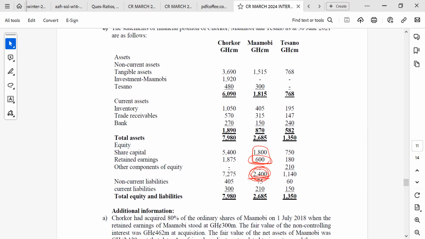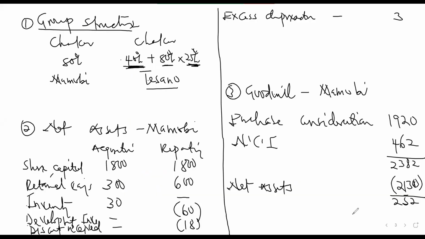You come to the post-reporting items over here. You take the 2,400, then you subtract 60, you subtract 18, then you add 3 to it. 2,325. Am I correct? Yes, 2,325.